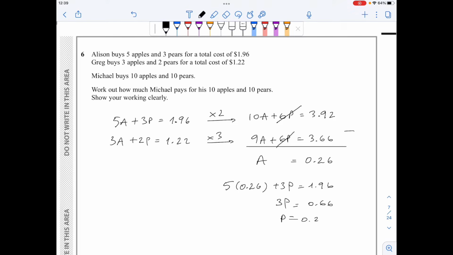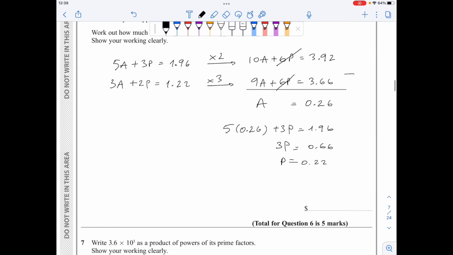P is 0.22. And now I have the price for each apple and pear. So 10A plus 10P is equal to 10 times 0.26 plus 10 times 0.22, and this gives me 4.80.